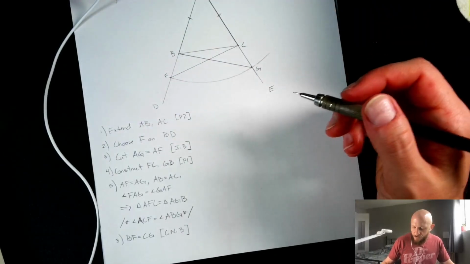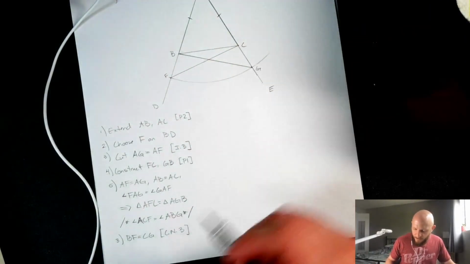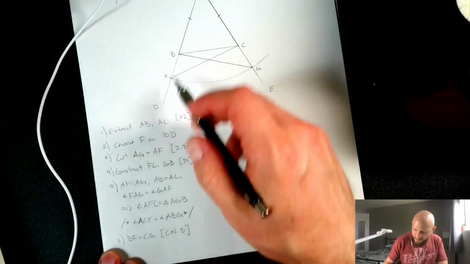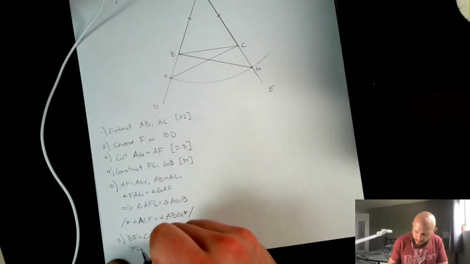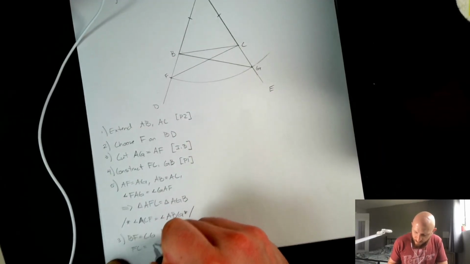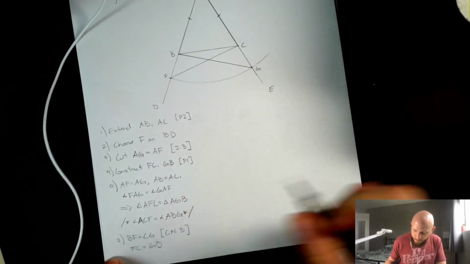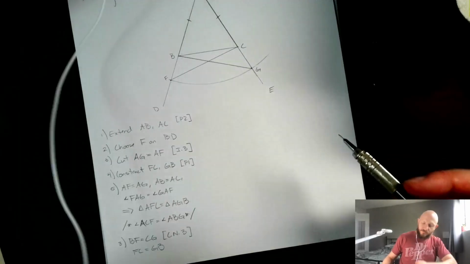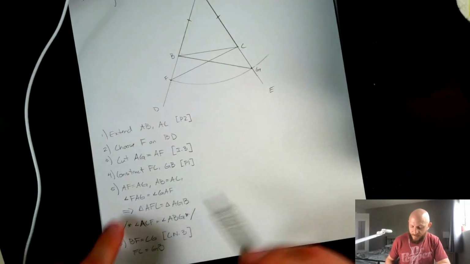So I should write these pieces out. We saw previously that FC is equal to GB, and this falls out from step 5.